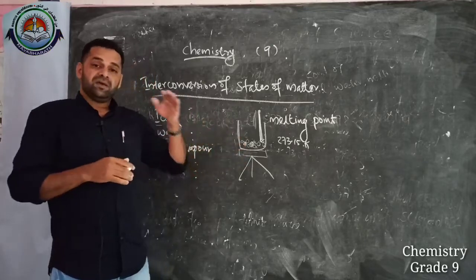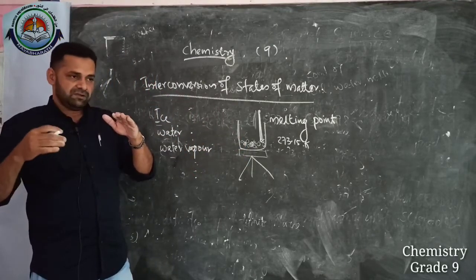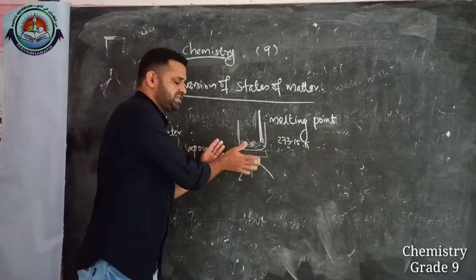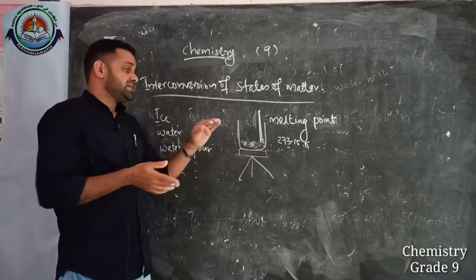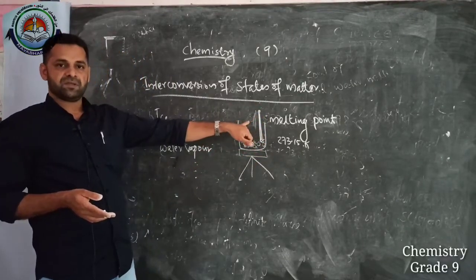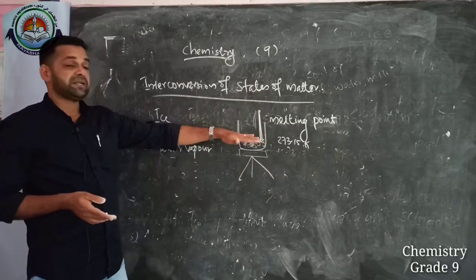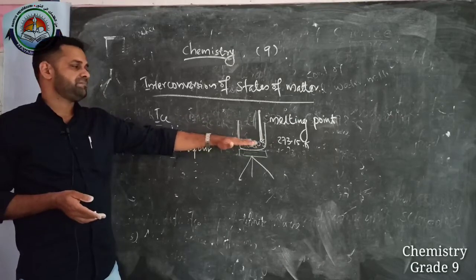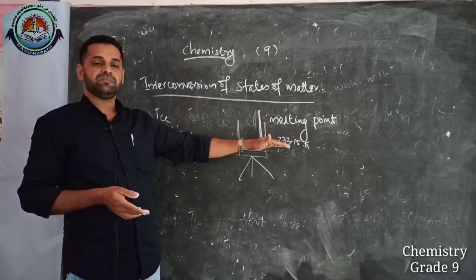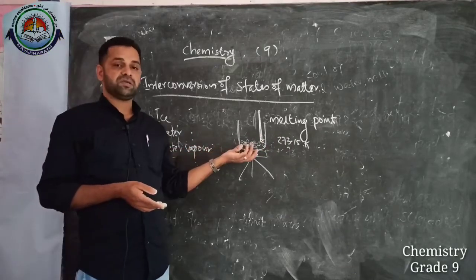Even if you continue the heating process at that stage, there is no rise in temperature in the thermometer. The temperature remains the same, that is 273 Kelvin. There is no rise in temperature even though we are heating.